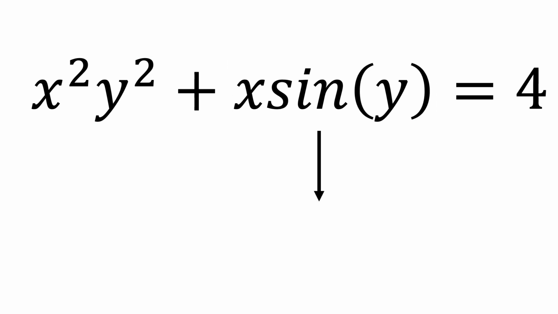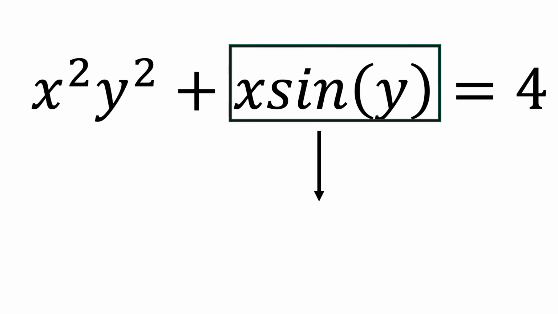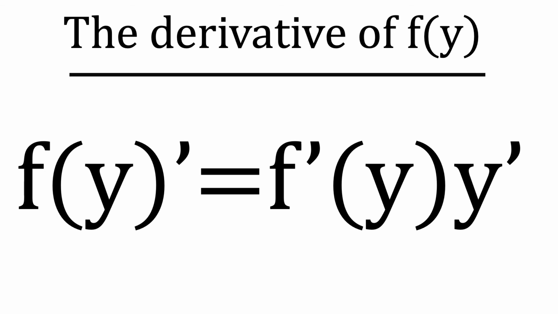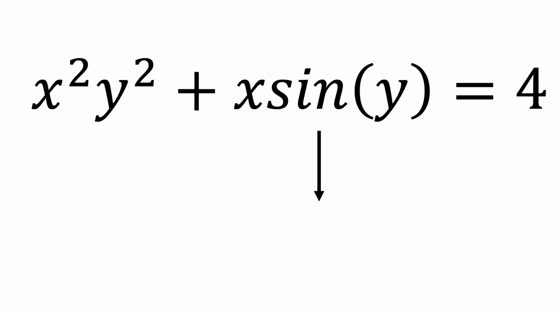Let's go to this term. It's going to be a product rule. The derivative of x is 1, so we can ignore it. So it's going to be sine of y plus x times whatever the derivative of sine of y is. Let's find out. The derivative of f of y equals f prime of y times y prime. You probably notice it's the chain rule, right? Even if you don't, that's okay.